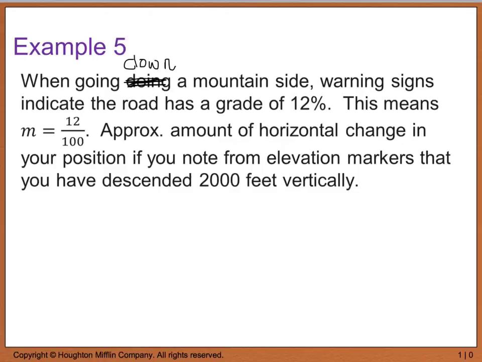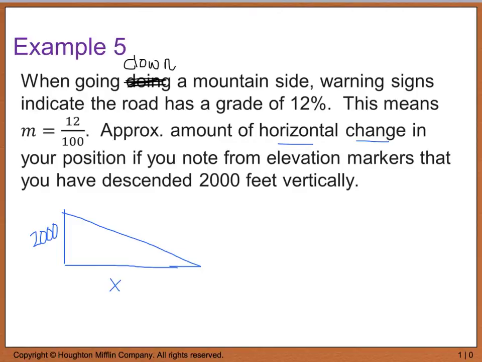If we go ahead and draw a sketch of what we've got going on here, we know that because we're on a mountainside, we have descended 2,000 feet vertically because we've gone down the hypotenuse, and we're looking for the amount of horizontal change, which is this distance here.